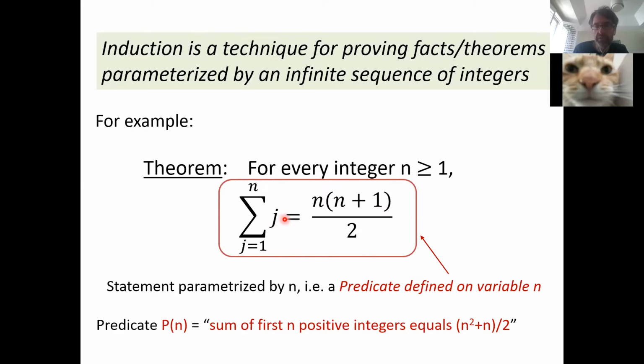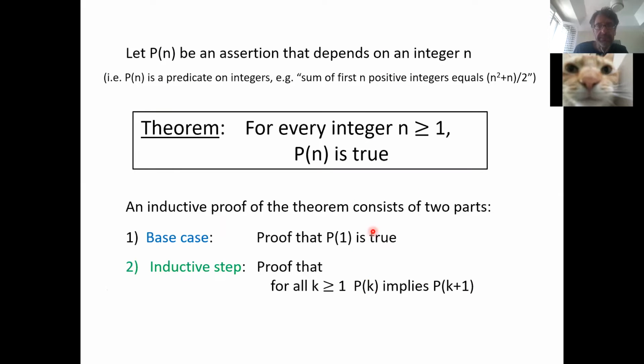There's a sort of geometric argument that you can make, right? And once I say geometric, maybe you will see it. But induction is also a very useful, simple tool to prove this. And the induction proof goes like this. Let's say that you have some statement that is parameterized by an integer, like this predicate.